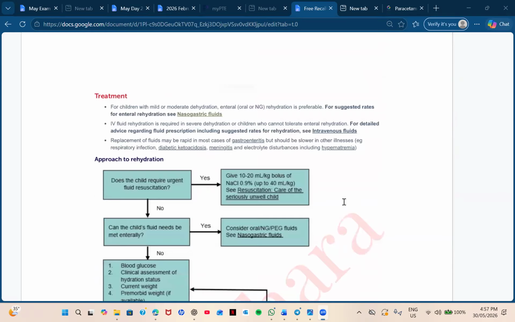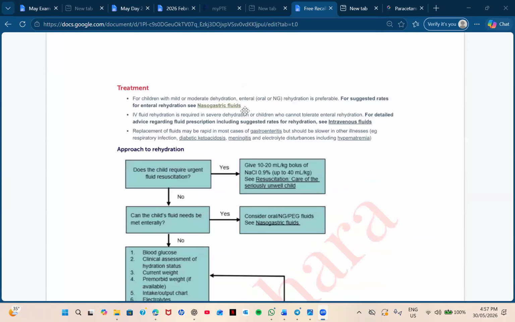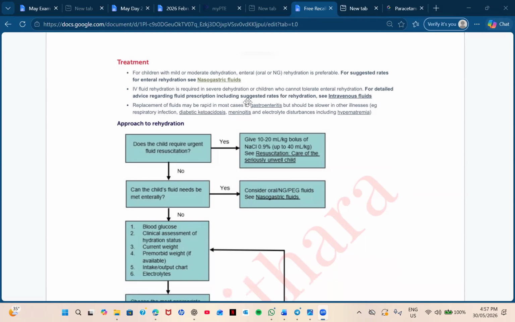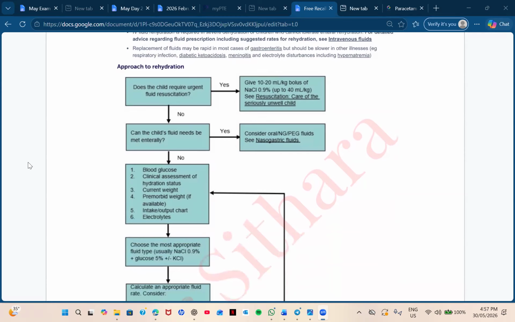How should you treat? For children with mild or moderate dehydration, enteral, oral, or NG rehydration is preferable. IV fluid rehydration is required in severe dehydration or in children who cannot tolerate enteral rehydration. So this is the approach.